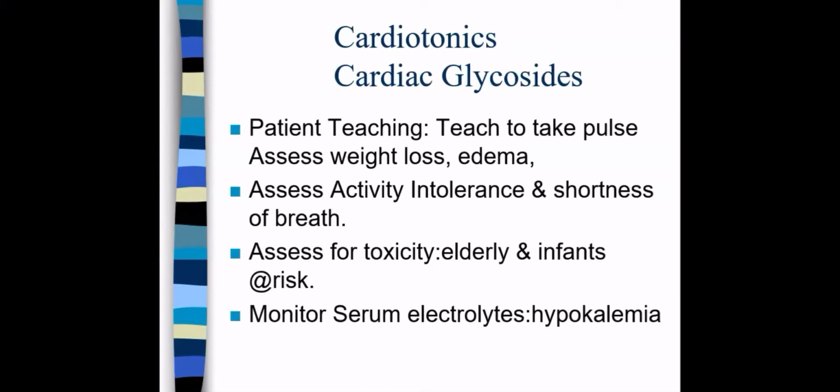We want to assess this medication very frequently in the elderly because they can easily become toxic, and infants. Those are the two groups at risk for cardiac glycoside toxicity. So we also would monitor serum electrolytes because they can become hypokalemic.